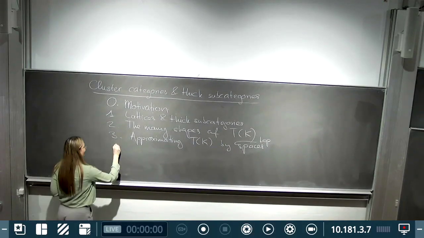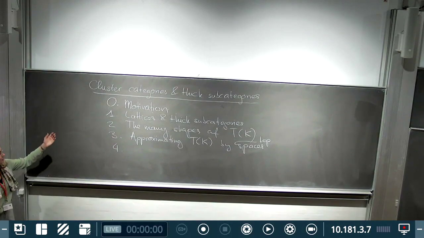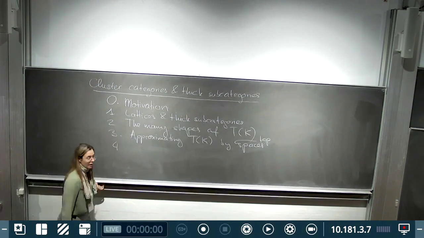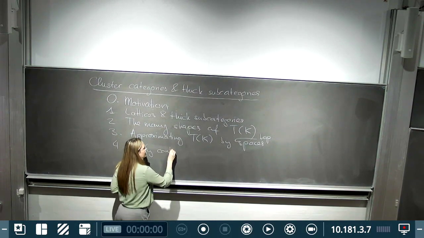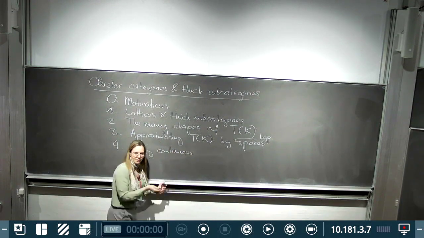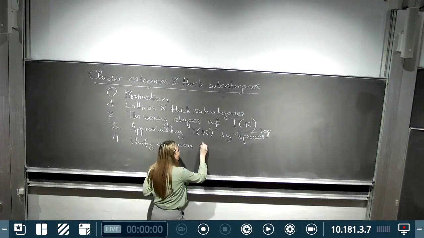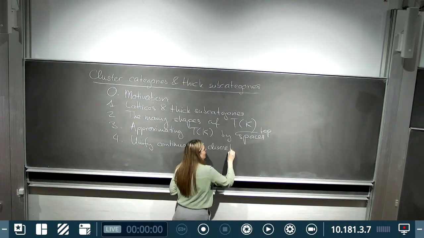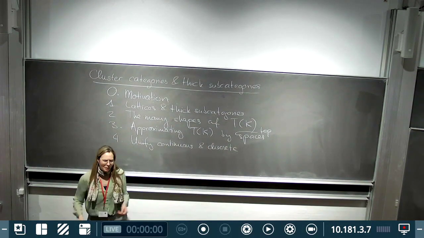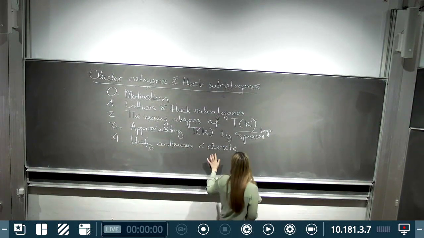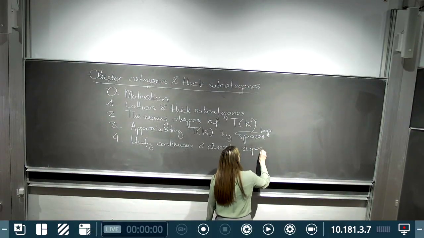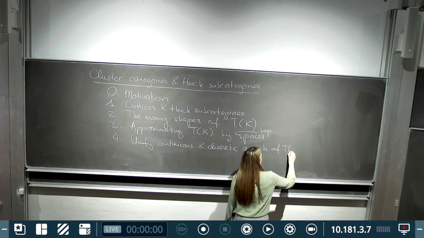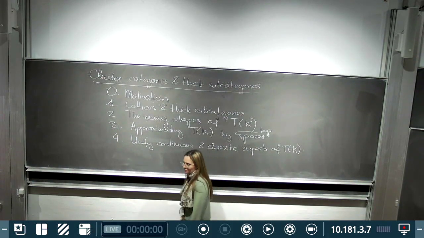And finally, because we should somehow respect our title, cluster categories, we are going to talk about a way to unify continuous, by which I simply mean something that's controlled by a space somehow, and discrete, which I mean something that is not. We'll talk a bit more in detail about these ideas: unified, continuous and discrete aspects of T of K. And this is a bit more of a speculative thing.